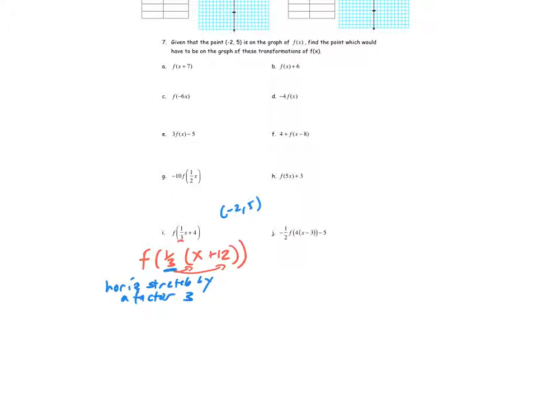Remember that whatever we see happening to x inside the function, we're really going to do the inverse of what we see. So that's a horizontal stretch by a factor of 3, which means we're going to multiply x values by 3. And the other thing that we have is this plus 12. Plus 12 is a shift left by 12, which means we're going to subtract 12 from x values.